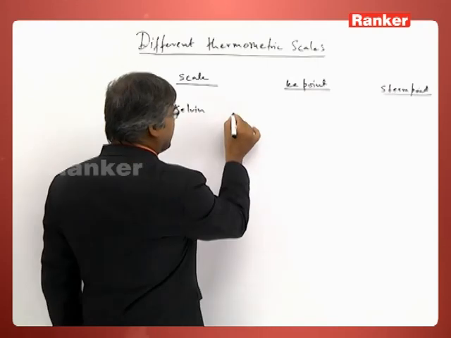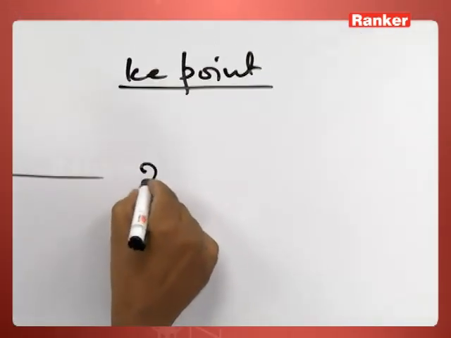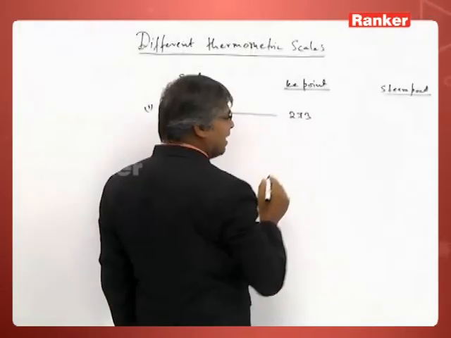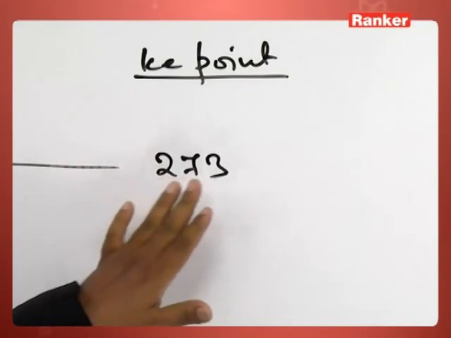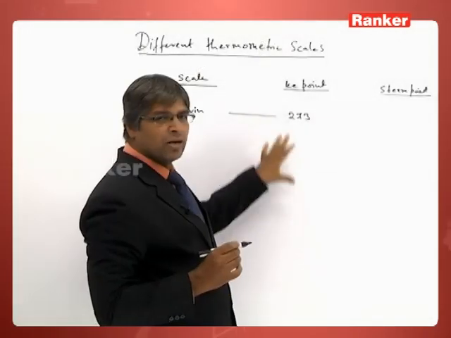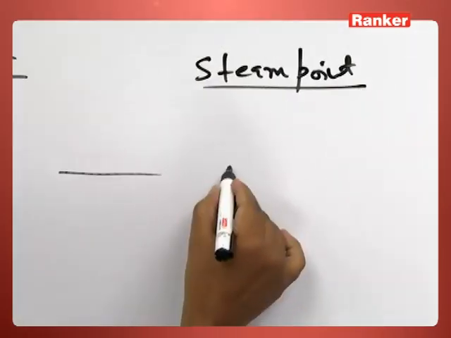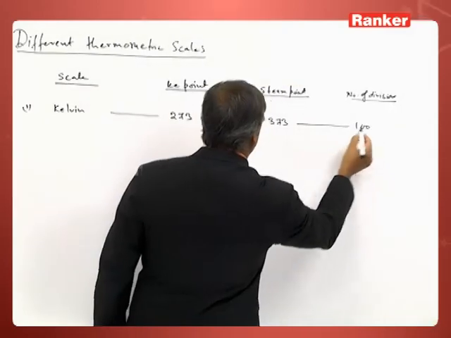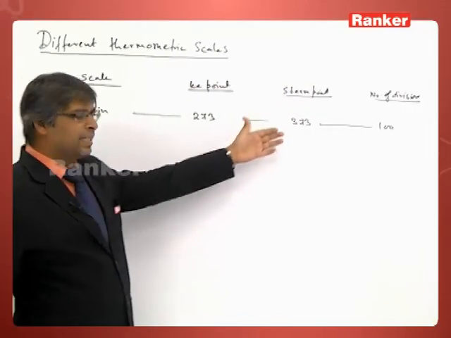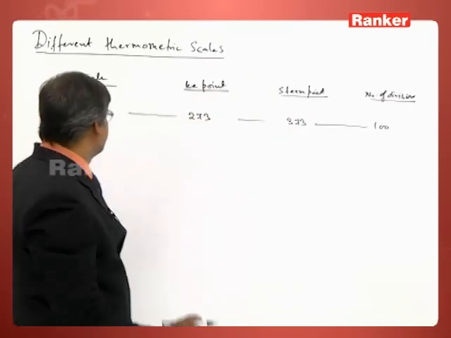In Kelvin scale, I will take the ice point as 273. I will neglect that 0.15. Because these scales are not that precise, they just take the ice point as 273 and this is 373, and the whole scale is divided into 100 equal divisions. So the number of divisions is 100.